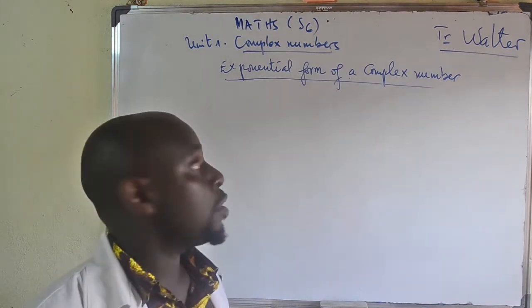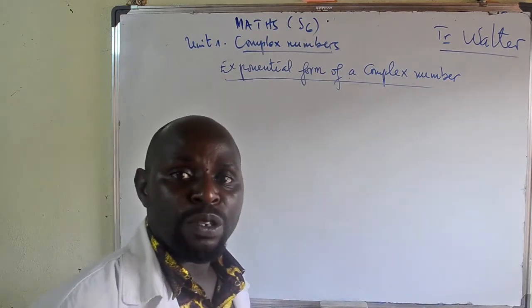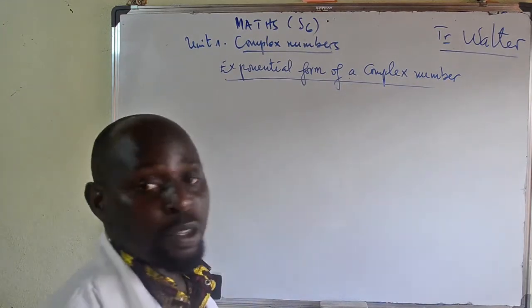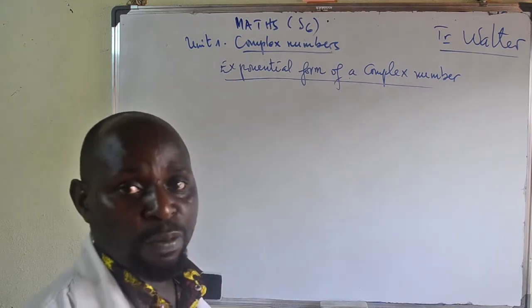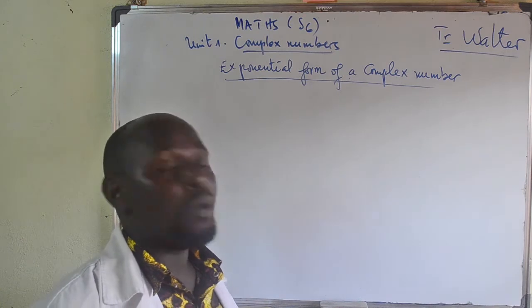I'm back again with mathematics senior 6, and we are still on unit 1, complex numbers. A lot of lessons have passed, and now we are at the exponential form of a complex number.